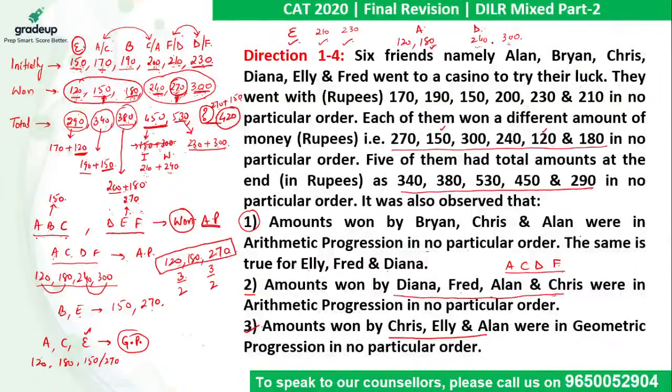So definitely we can say 180 is not the amount which is won by A. So 120 must be the amount that is won by A. If A has won 120, then C must have won 180. Alright. The one who has won 180 has a total of 380 in the end, and that person must be C. So answer for this question comes out to be 380.